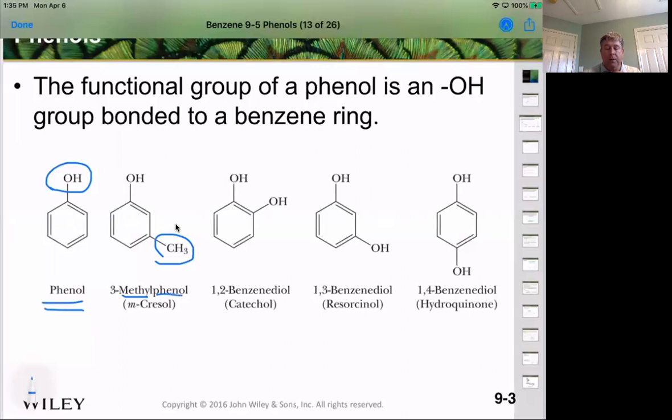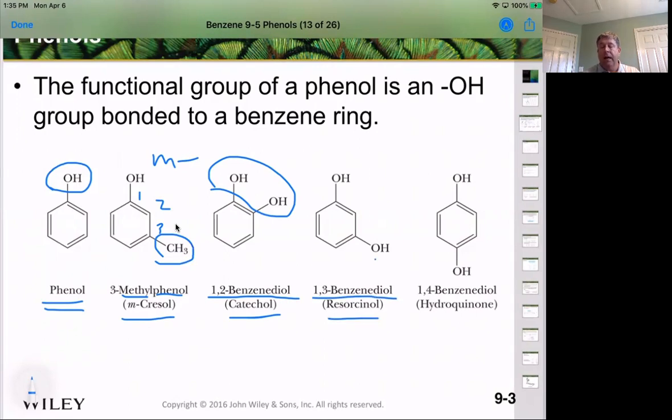The common name is also called metacresol, because notice this is the 1, 2, 3, so that's the meta position, and that's metacresol. If we have two alcohols on there, we can call that benzene diol, or the common name for it is called catechol. If we have the 1,3 derivative, that's 1,3 benzene diol or resorcinol. And if we have the 1,4 derivative, that has a common name of hydroquinone.